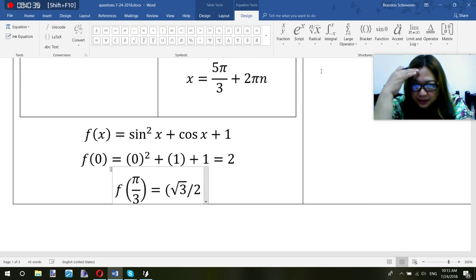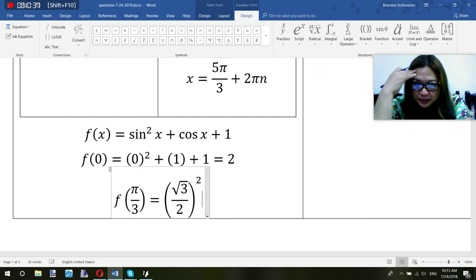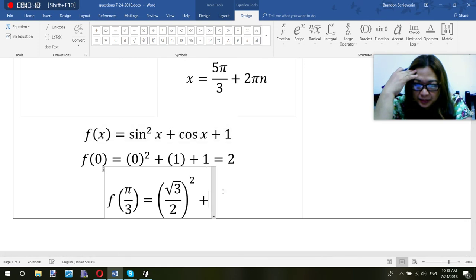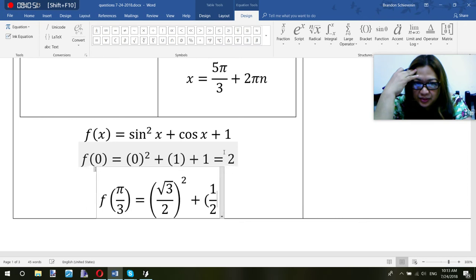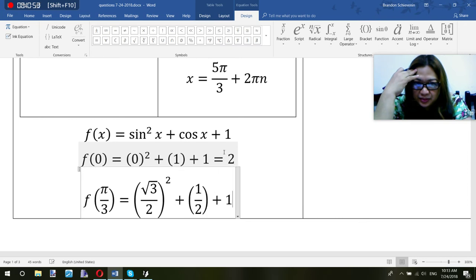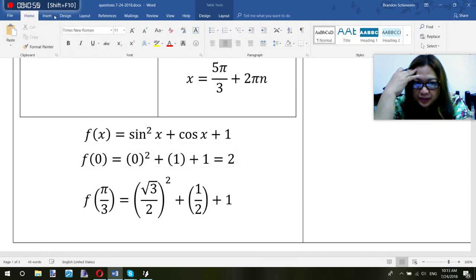Perfect. Root 3 over 2, and that was squared, so the sine at pi thirds squared is root 3 over 2 squared. I'll get back to that in a second. Plus, what's the cosine at pi thirds? 1/2. Plus 1.